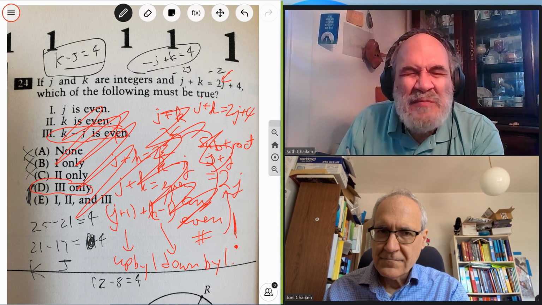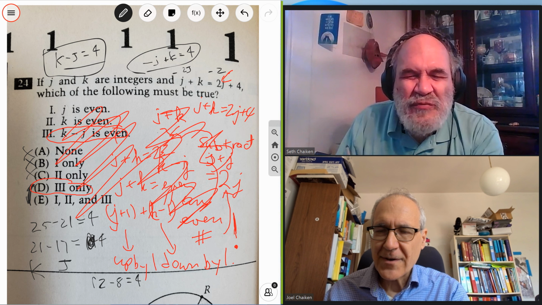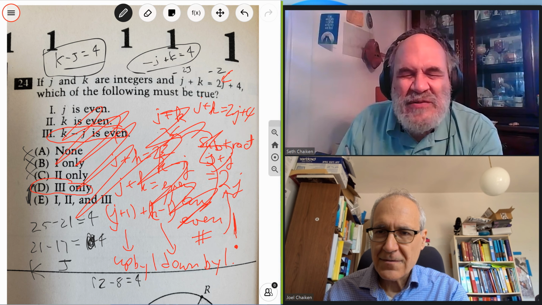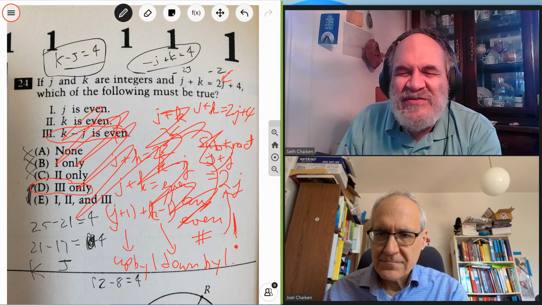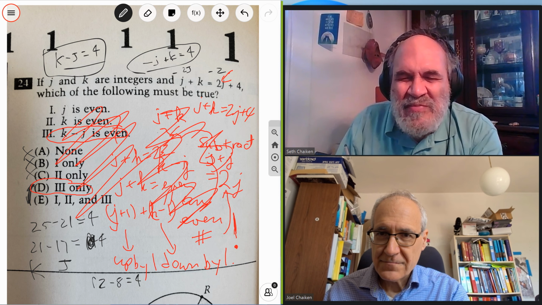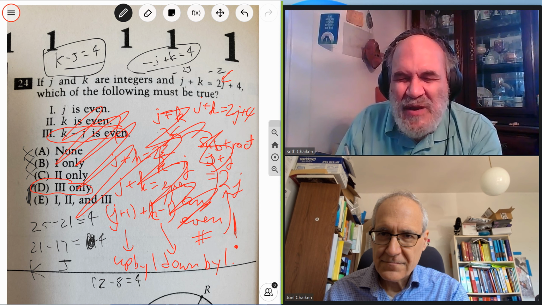The two numbers J and K, when combined by adding or subtracting, have to give 4. They might both be even, but if you increase each one by 1, they still differ by 4, and they're both odd.